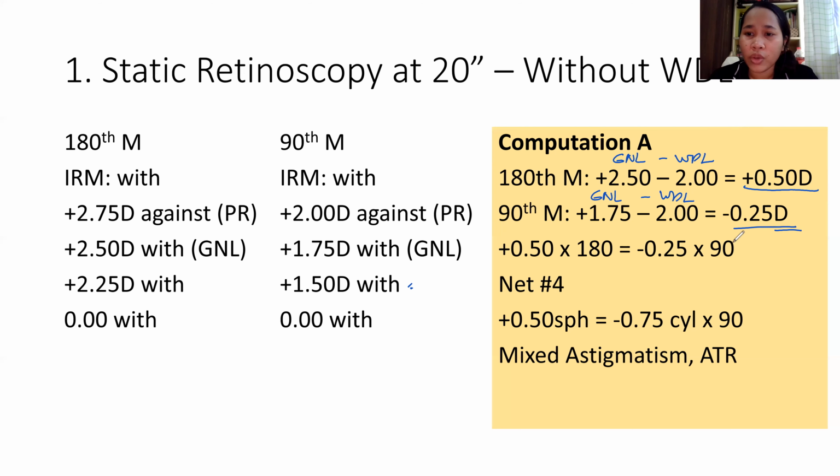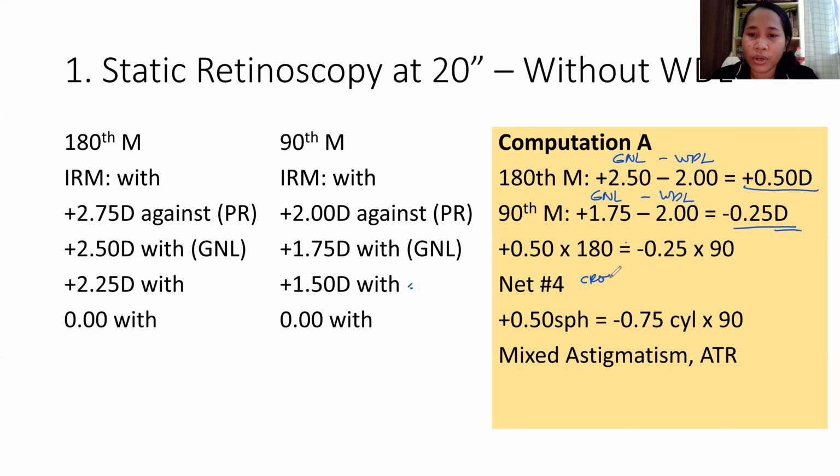After that, you do the cross cylinder: plus 50, axis 180 combined with minus 0.25, axis 90. After doing that, you will make a new sphere.